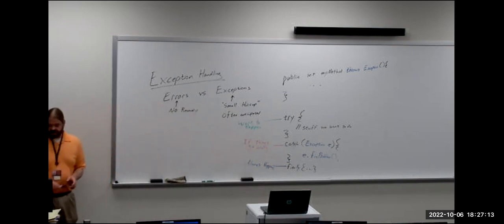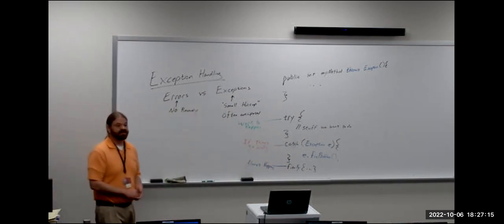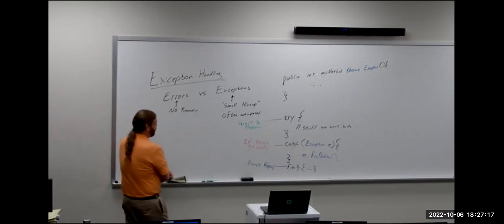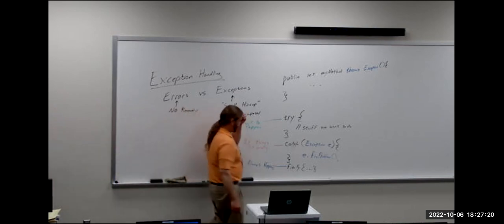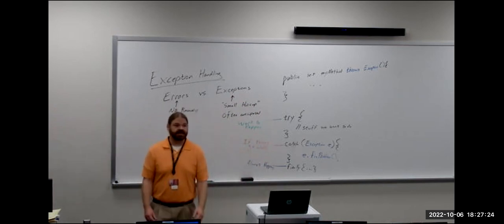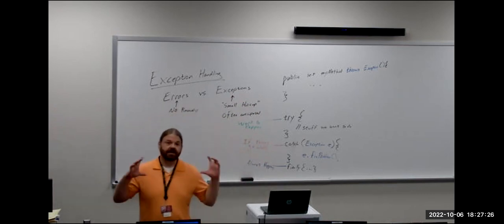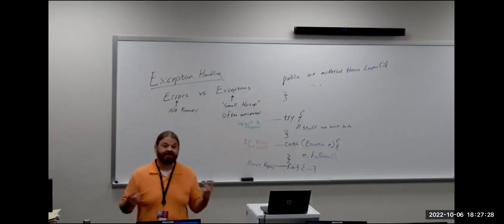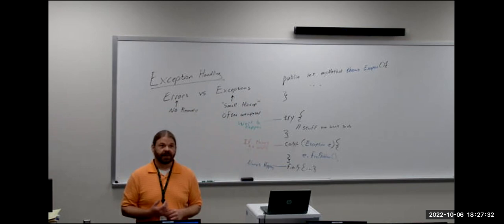So those three parts, and we can do lots and lots of catches. Definitely don't have room for it on the board, but if we're dealing with maybe arrays and lists, we can try to catch a null pointer exception, catch an index out of bounds exception. Those are the first two that spring to mind.